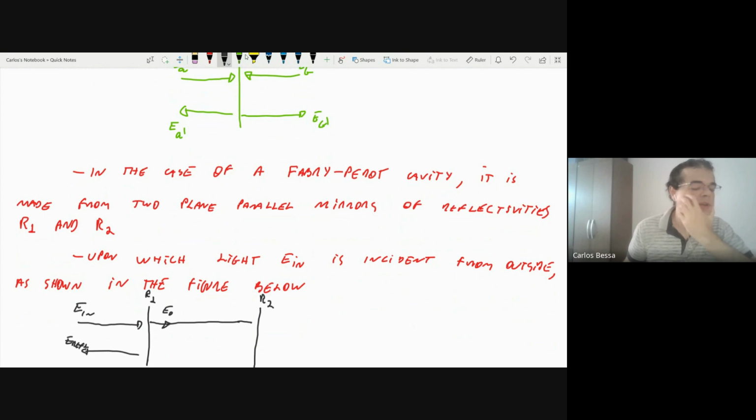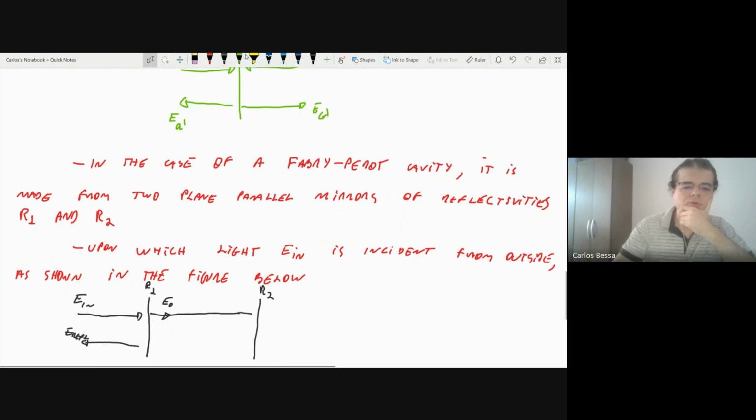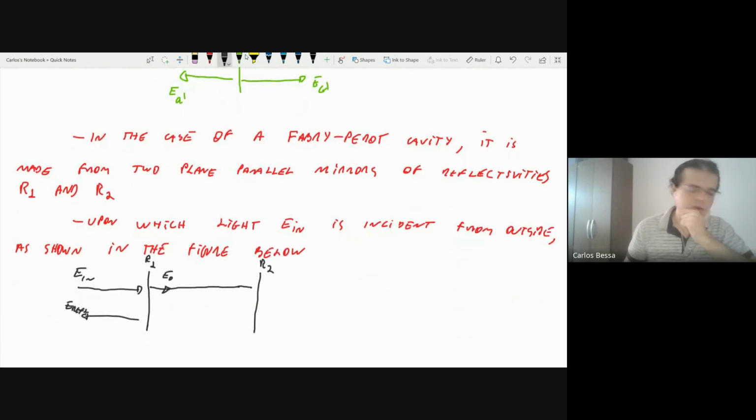The initial part that was transmitted will come to this other mirror, and one part will be reflected and the other will be transmitted. Then this is back in, return E1, return here.